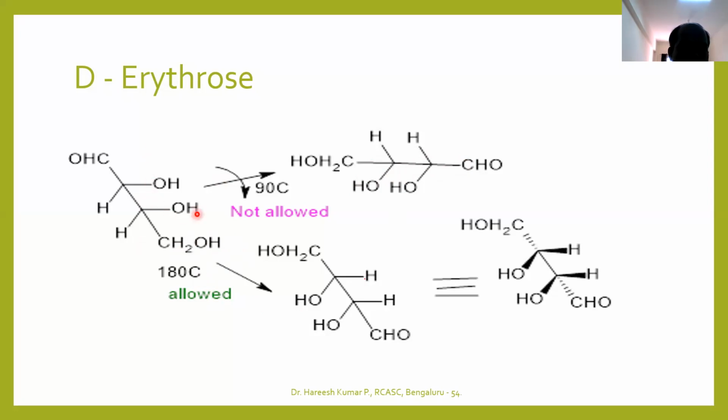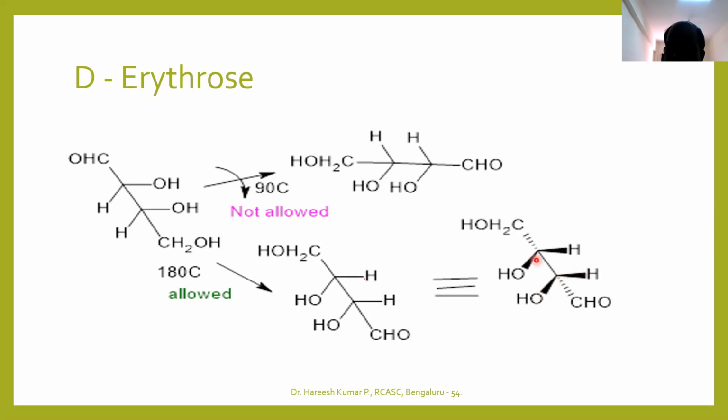You can also take erythrose. Why is it erythrose? Because the hydroxy groups are on the same side. When you rotate this by 180 degrees, this hydroxy will come to the opposite side, and you can convert this into a flying-wedge structure. Here this group is away from the observer, and this group is towards the observer.